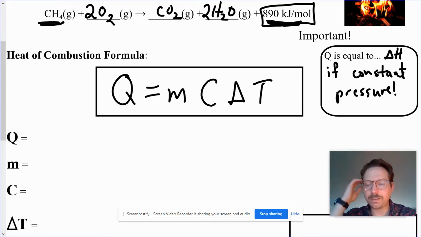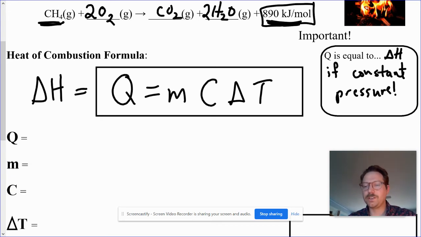We can assume that we have constant pressure for this. So really, I could also write this as equal to delta H. So when we think about our energy diagrams, when you think about the difference between the reactants and the products and the amount of potential energy, this is a way of measuring that, all right?